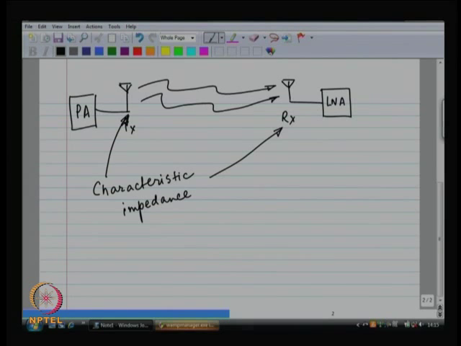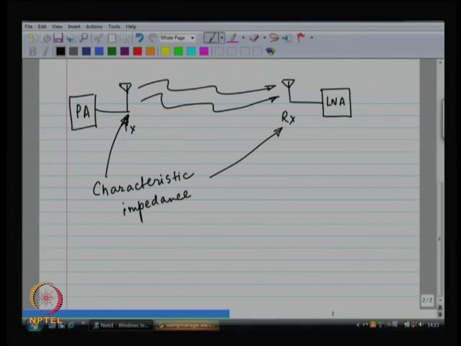The wire connecting the transmit antenna to the power amplifier has a certain characteristic impedance. The wire connecting the receive antenna to the low noise amplifier also has a certain characteristic impedance. And the low noise amplifier has a certain input impedance. The power amplifier has a certain output impedance.